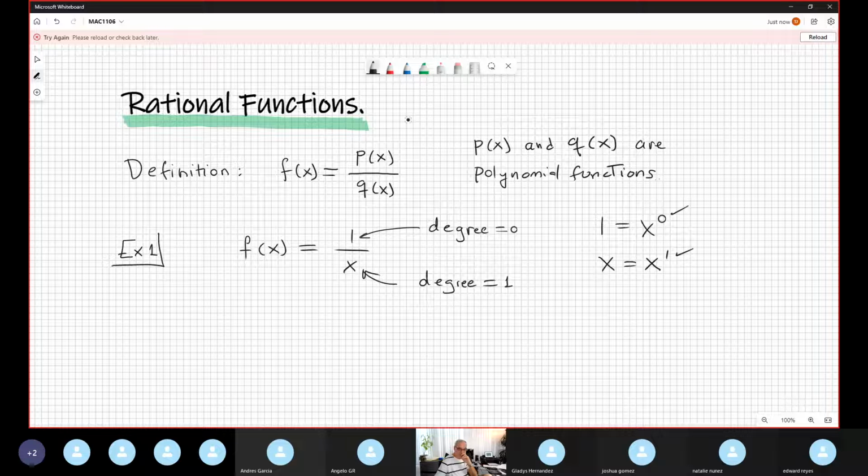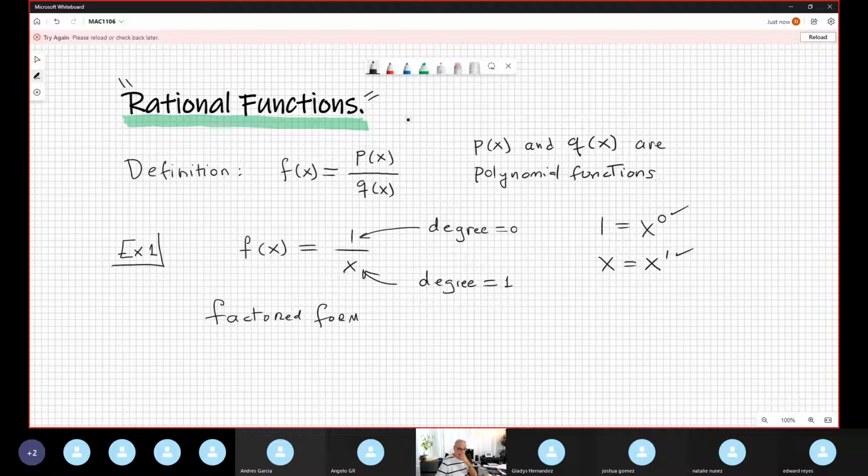Now, this is given in that way. Immediately, when you start analyzing a rational function, the first thing you should do is express it in factored form.